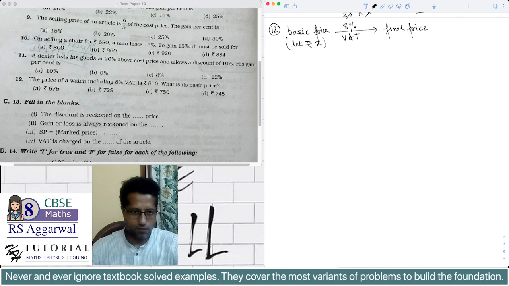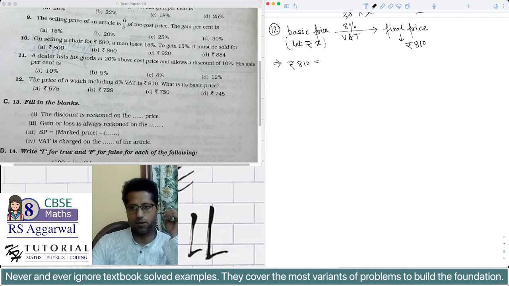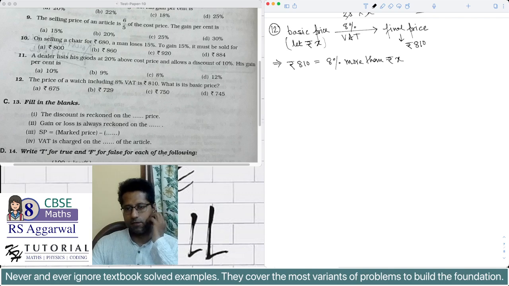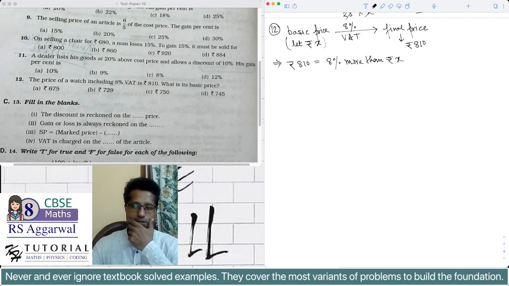The price of a watch including 8% VAT is rupees 810. So this is given to be 810. So we can say that rupees 810 is equal to 8% more than the basic price, that is rupees X, because when there is a VAT, the percentage of VAT on the basic price is added to the basic price.